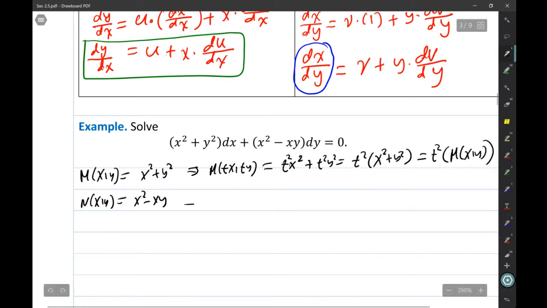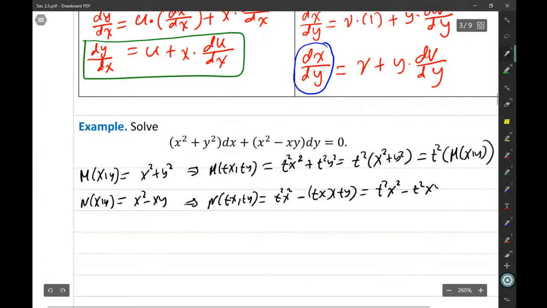Okay, the second one, N of tx, ty is equal to t square x square minus tx times ty, which is equal to t square x square minus t square xy, and that becomes t square times x square minus xy, which is t square times N of xy.